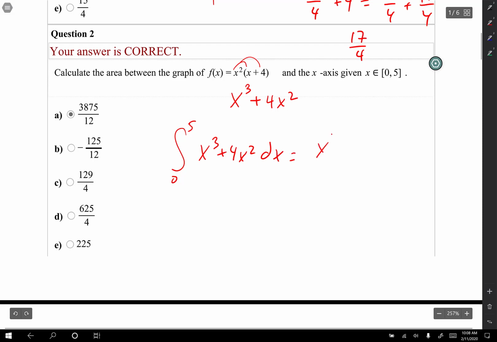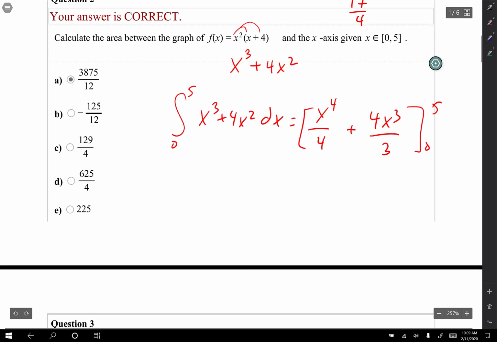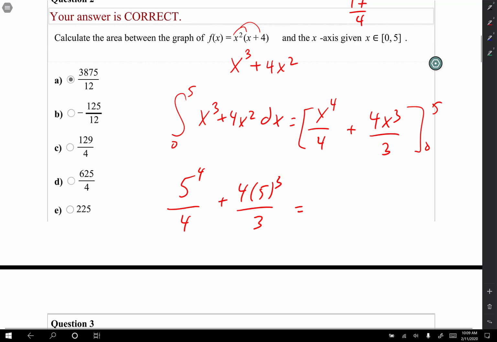So we have x to the fourth over 4 plus 4x cubed over 3, and this is evaluated from 0 to 5. So let's see, this might be too big of a number for me to do. 5 to the fourth divided by 4 plus 4 times 5 cubed over 3. I'm okay with you using the calculator to add those up.